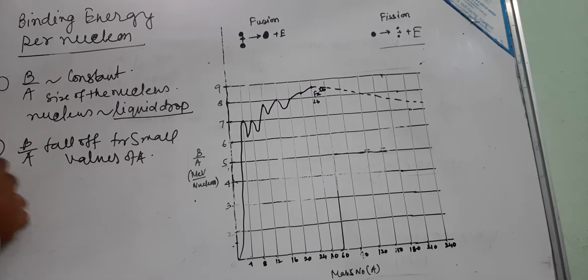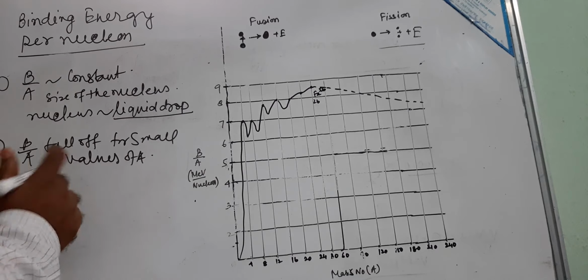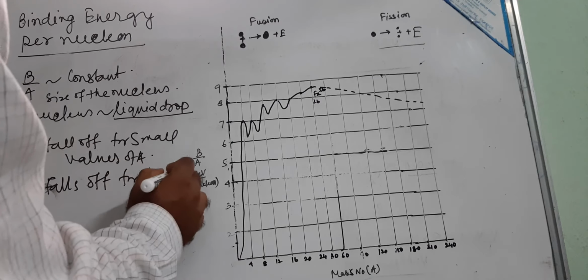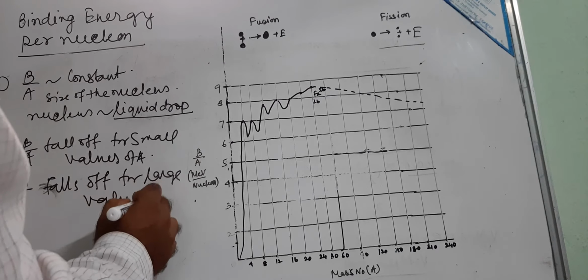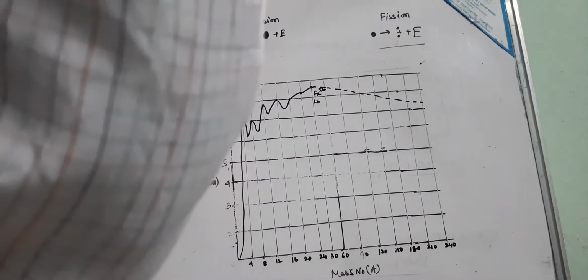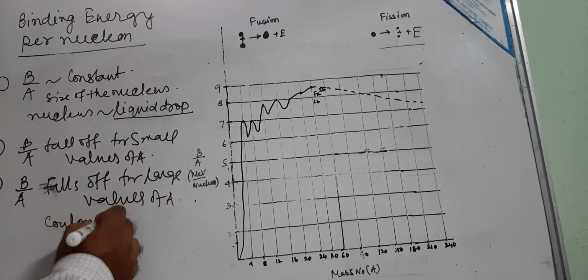Number three, B by A falls off for large values of A. The binding energy per nucleon also falls off for large values of A. If we increase the value of the mass number, then B by A, the binding energy per nucleon, also decreases, and this is due to the Coulomb repulsion.